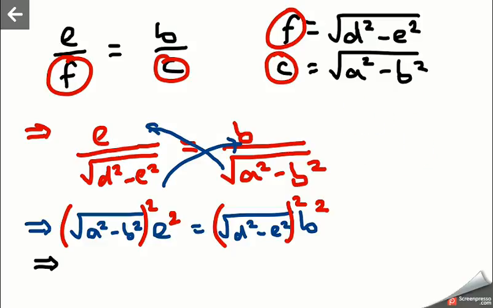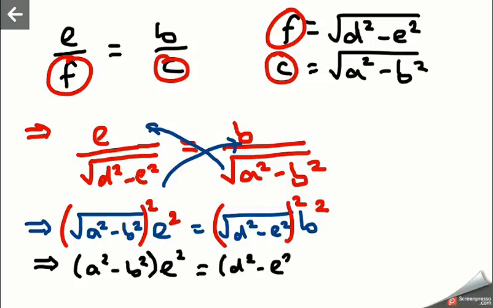And hence a squared minus b squared times e squared is equal to, and for the same reason, d squared minus e squared times b squared.